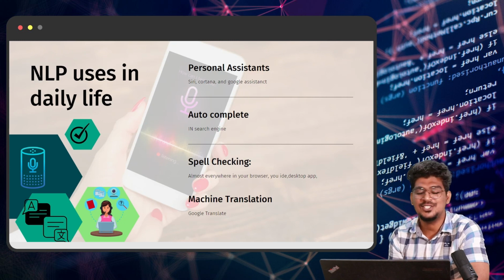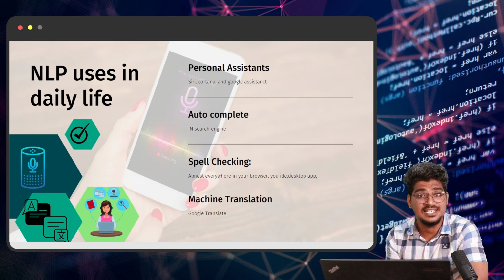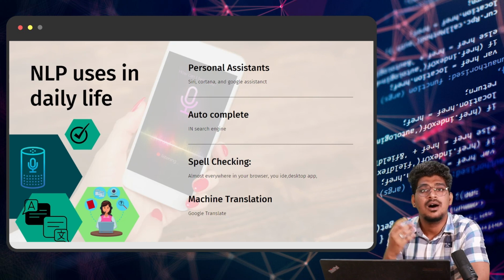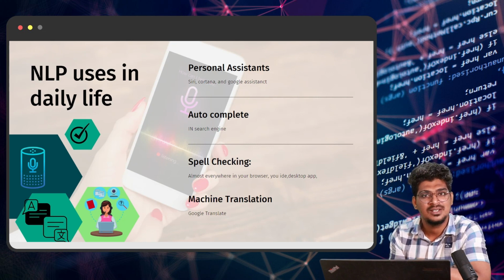Spell checking. Spell checking in the sense what? Almost everywhere in a browser, and also in your IDE. For example, you are going to write code in PyCharm or Visual Studio. Once you enter one particular word for the code, automatically it will be completed. It is going to check the spelling also.